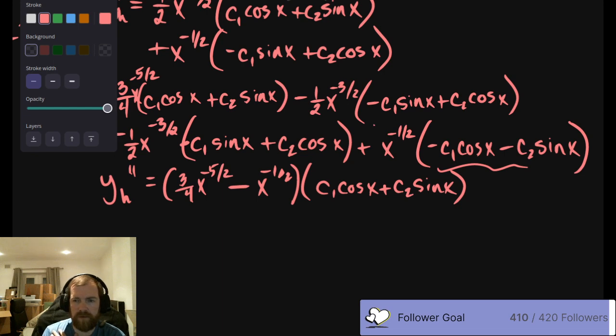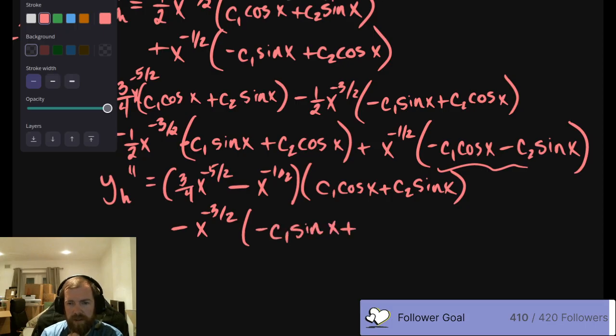These two terms here are the same, so we're going to factor out that middle stuff. So that's going to be a negative 1 x to the negative 3/2 times negative c1 sin x plus c2 cosine x.